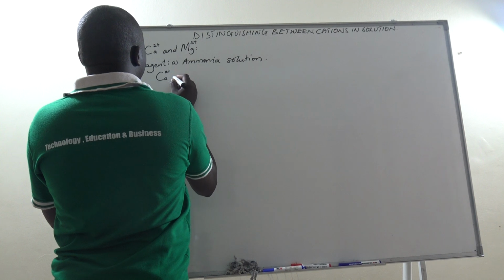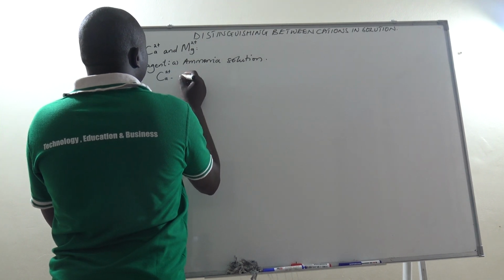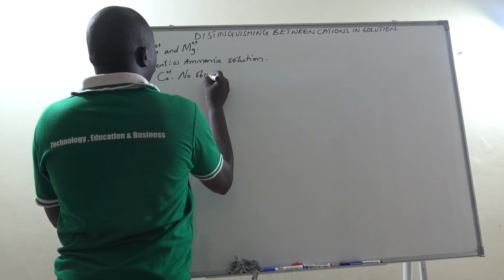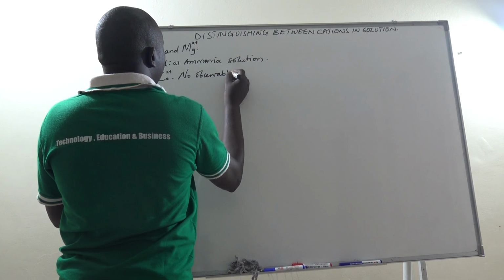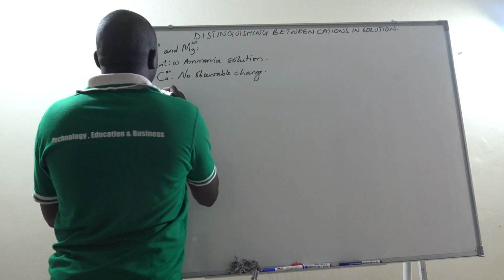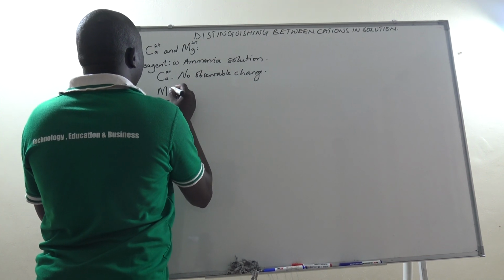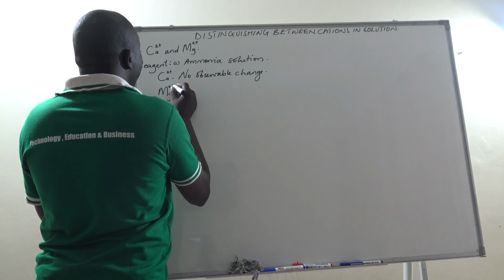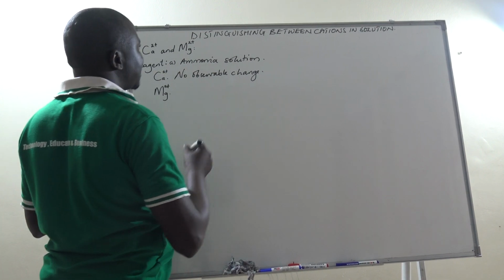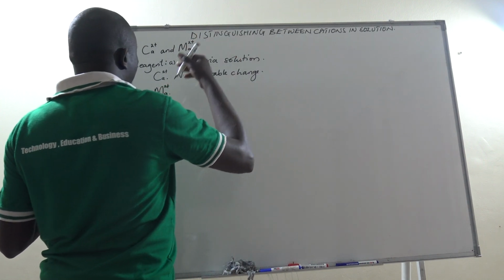So let us see, calcium ion will give us no observable change. Good. What of magnesium ion? With ammonia solution, we know how it is applied, dropwise until in excess. That's how we apply it, that's how we test.